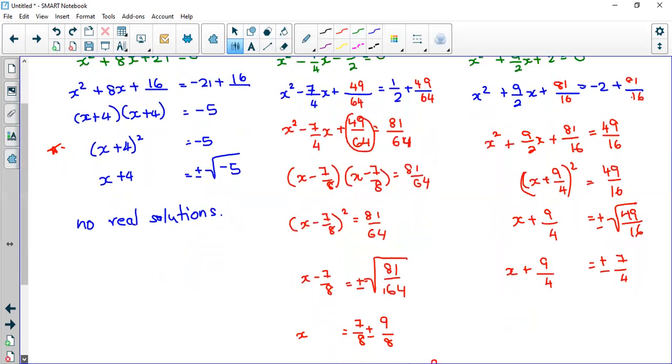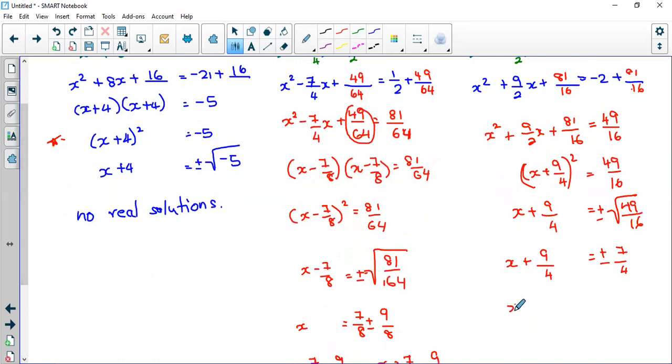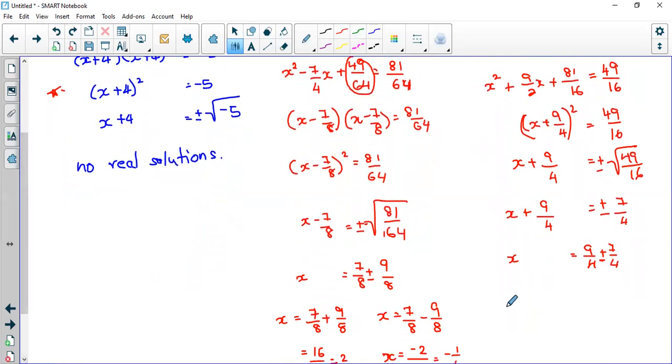Then x, move the 9 over 4 to the other side. 9 over 4 plus 7 over 4 or minus. So one solution for x is going to be x equals 9 over 4 plus 7 over 4. And another solution is going to be x is equal to 9 over 4 minus 7 over 4.